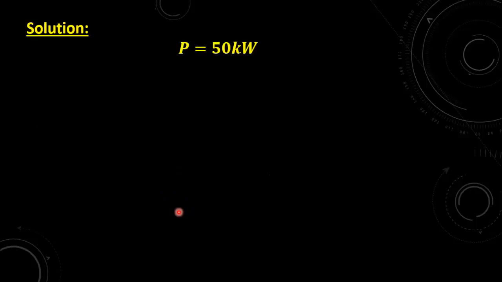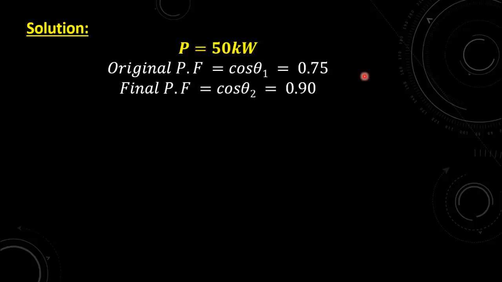So for the solution, first we have to know the total active power, which in our case is 50 kilowatt. The original power factor, cos theta 1, is equal to 0.75, and the desired power factor, cos theta 2, is 0.9. First we need to find the value of theta 1. We take the cos inverse of 0.75 and it comes out to be 41.41 degrees.